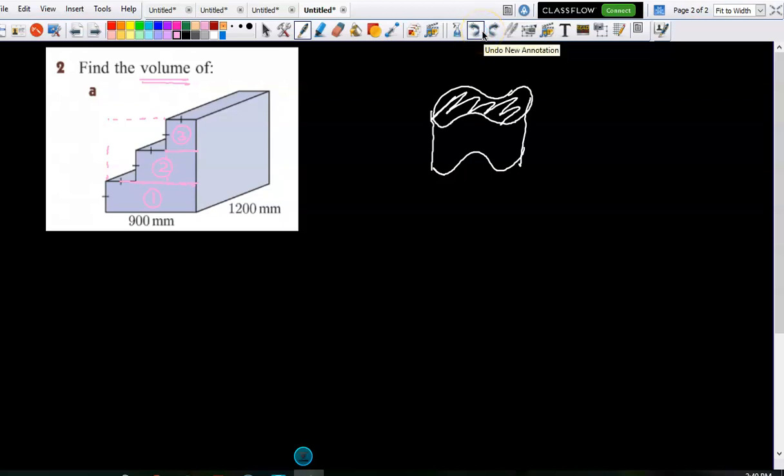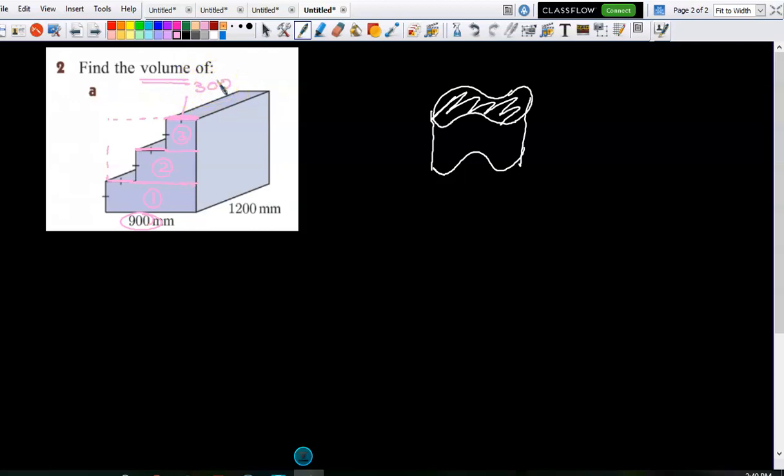My last bit is, how do I know this length here? Rubes, how did you get this length? It's 900. Split into 3. That's right. So we know that that would be 900 divided by 3. So that's 300. Okay.